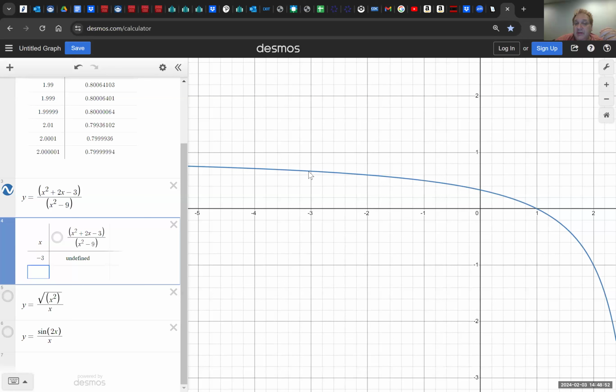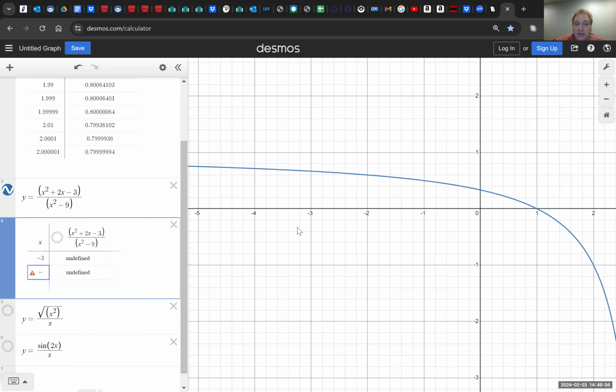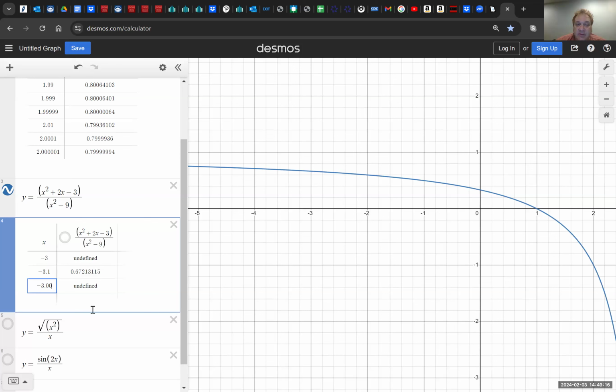If we're a little bit smaller than -3, that would be over here between -3 and -4. So a number to the left, smaller than -3, might be something like -3.1. That would be over here. Yeah, -3.1. Or if we want to get closer, we would do something like -3.001.